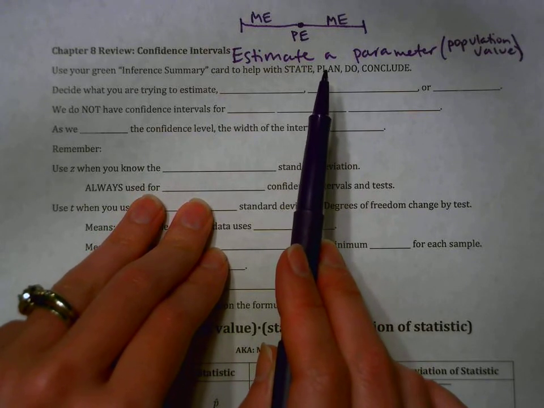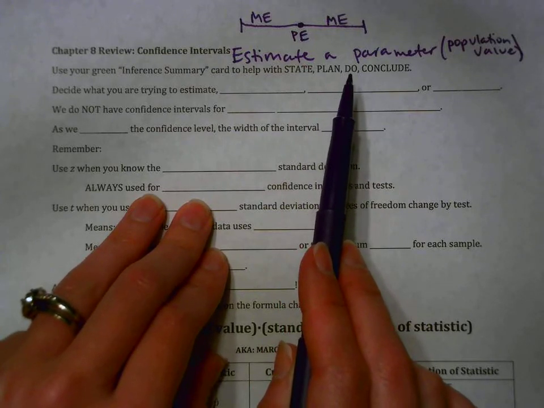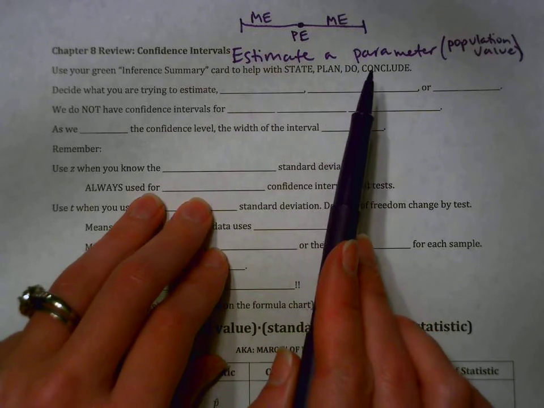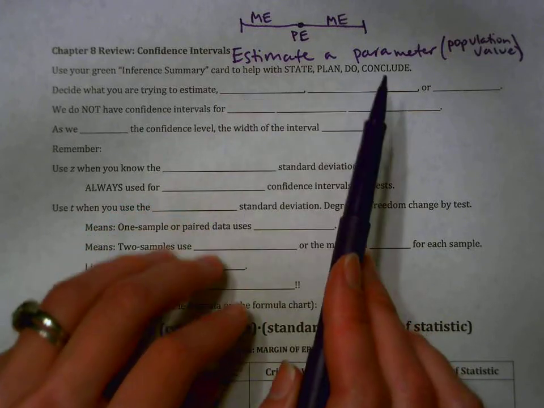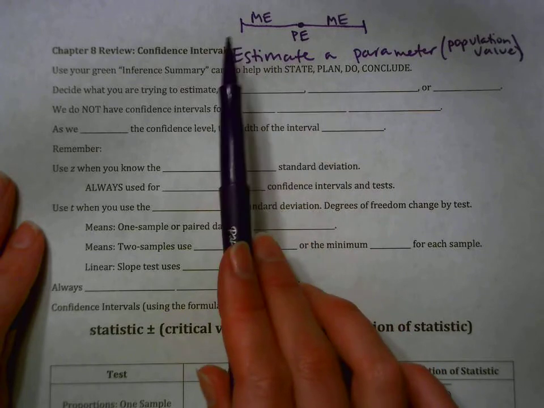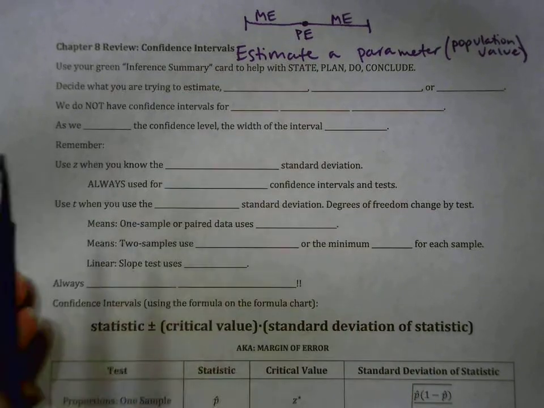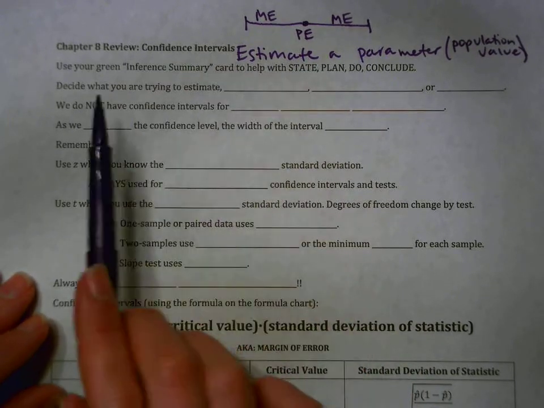If it's a mean, you check the central limit theorem to know if it's normal. Your do is where you calculate all this, and then your conclude is that same sentence: we are blank confident that the true value falls within, however we worded it. I think y'all get the gist. If not, I'll post to Khan Academy, and you also should have your chapter 8 notes.